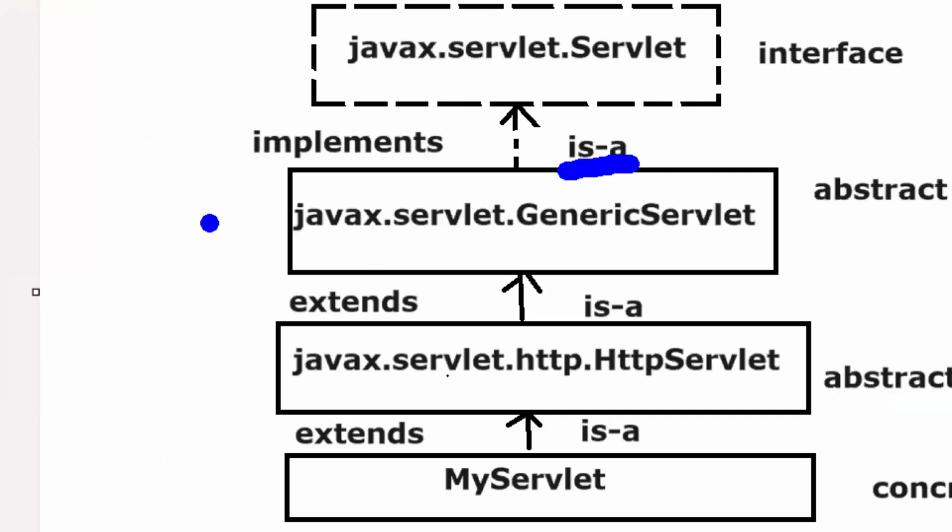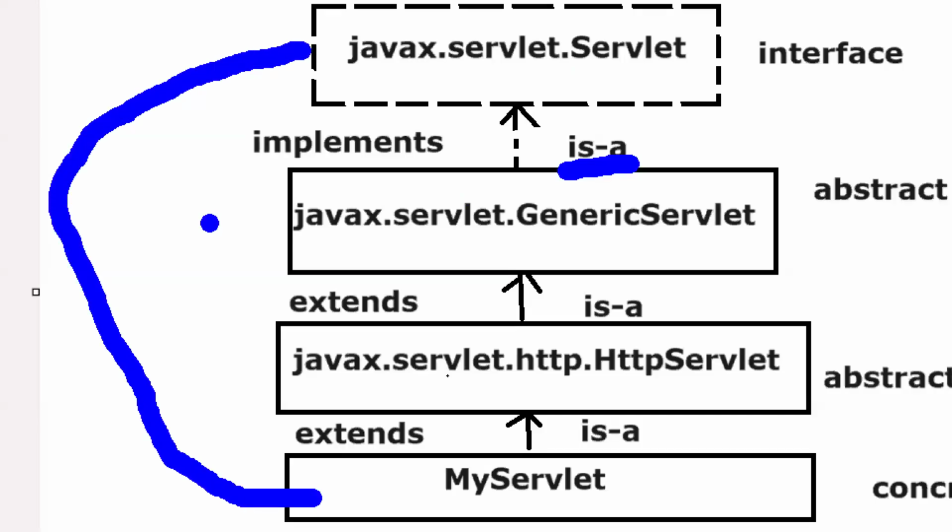A Java class is eligible to act as a servlet if and only if it implements the servlet interface. Actually, our own Java class never directly inherits from the servlet interface. The servlet interface has a child library class in the javax.servlet package, the generic servlet class.